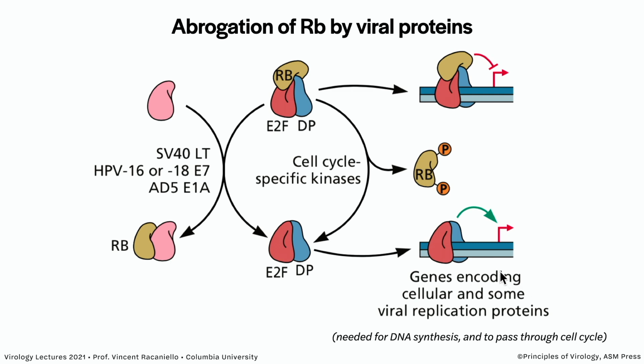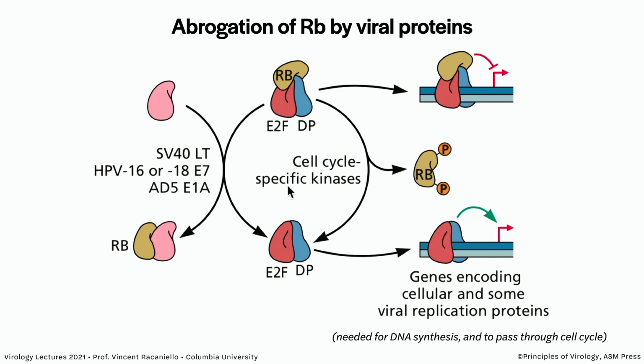Viral promoters, like the adenovirus early promoter, its replication proteins, which are encoded in the early region, are also controlled by E2F responsive promoters. And so that's how the checkpoint in the cell cycle works. RB sits on these promoters until the conditions are right that cells can divide. And those conditions include having adequate nutrients in the cells and so forth.